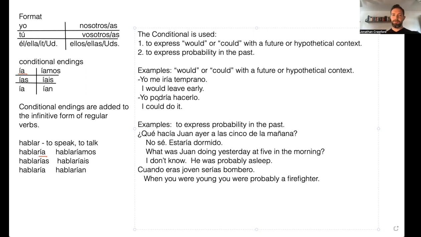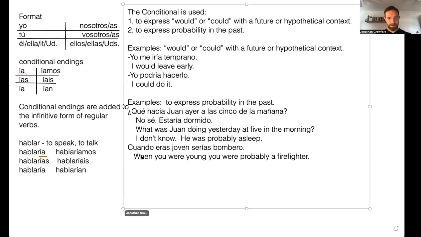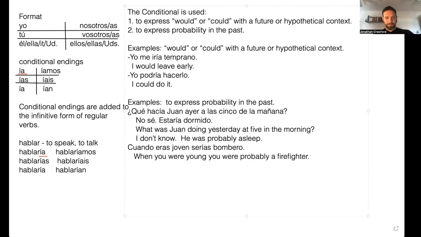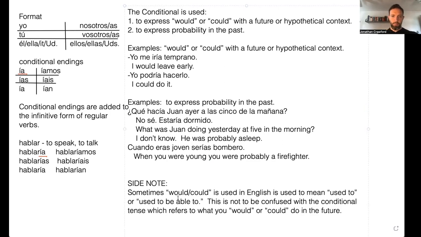But remember, you don't want to get the would or could mixed up with a different type of would or could in English. Because sometimes in English, would or could is used to mean used to or used to be able to. You know what I'm talking about, right? If I say, well, when I was a kid, I would do that no problem, right?